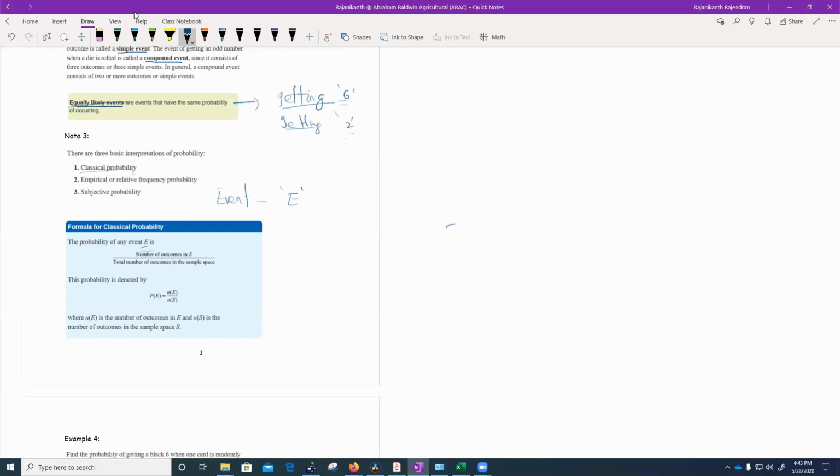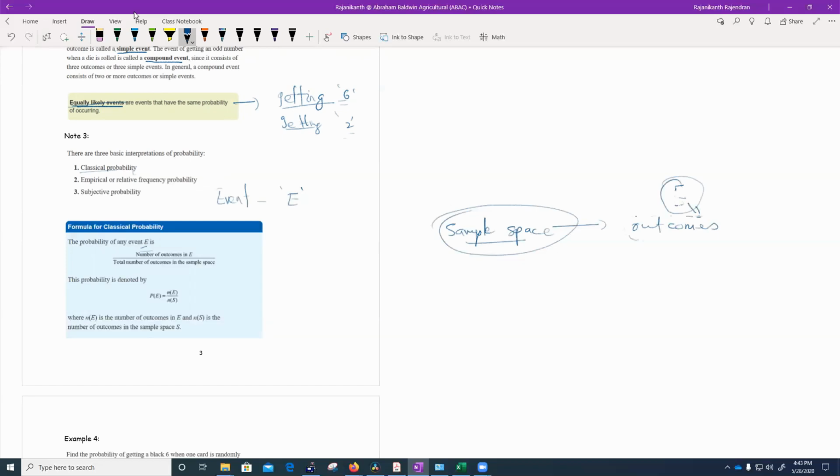So basically, you are collecting all the possible outcomes for that probability experiment. That is my sample space. In that sample space, now you have to look for the outcomes coming from your particular event.